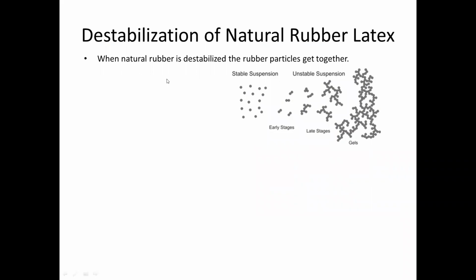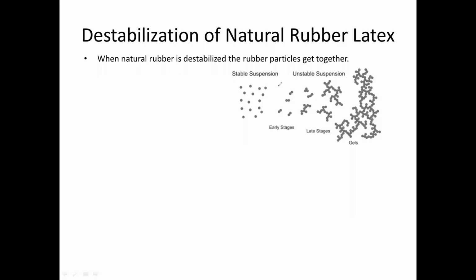Okay, we'll go to destabilization of natural rubber latex. Now when a rubber is in a stable situation, say under stable dispersion, your rubber particles will be separated from one another.